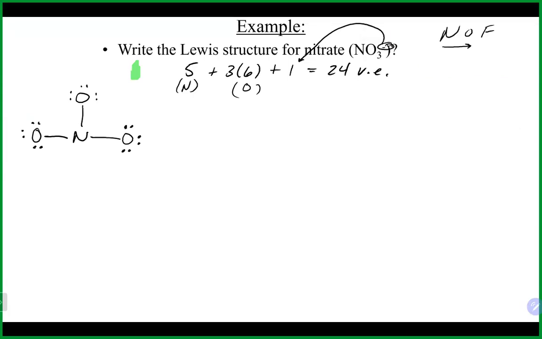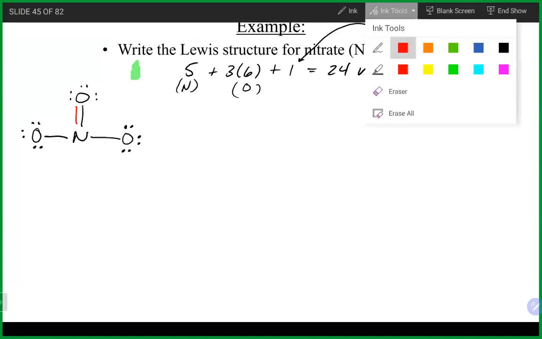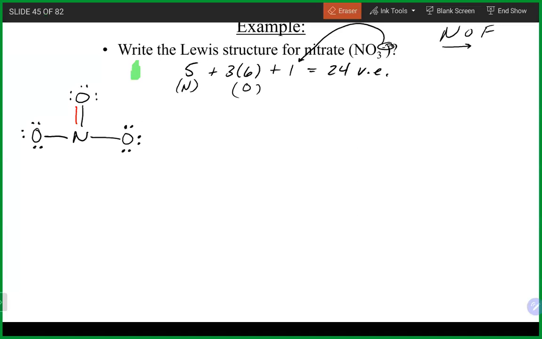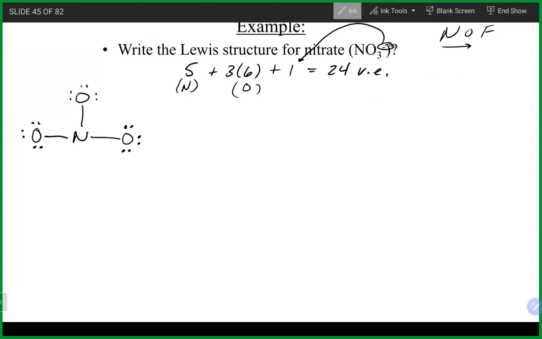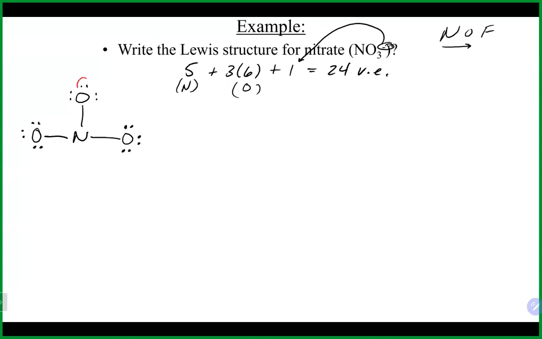So can I just put a line like so? I cannot just do that, for the same reason: I now have 26 electrons. Oxygen's got way too many electrons at that point as well. So when we go to make a double bond, we actually are going to take a pair of electrons and move them in to make that double bond.